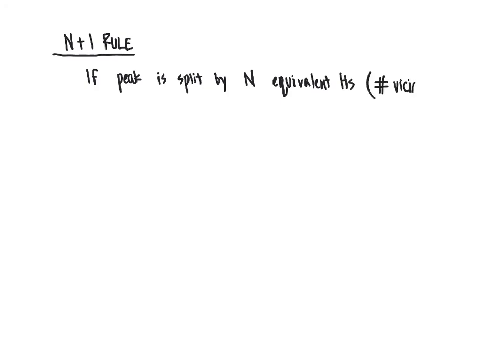The n+1 rule says that if a peak, an NMR signal, is split by n, the number of equivalent protons, and usually this is the number of vicinal protons, it will be split into n+1 peaks.